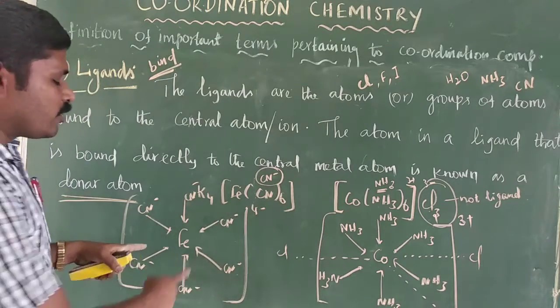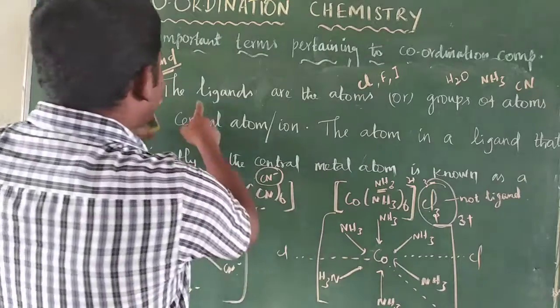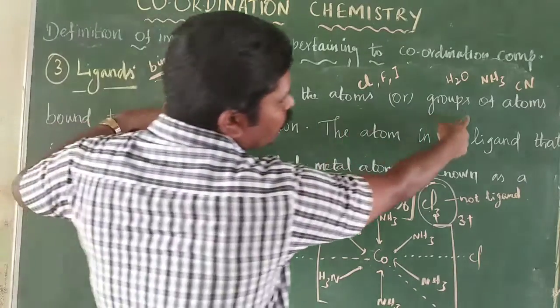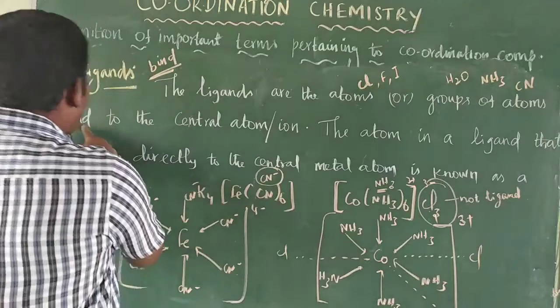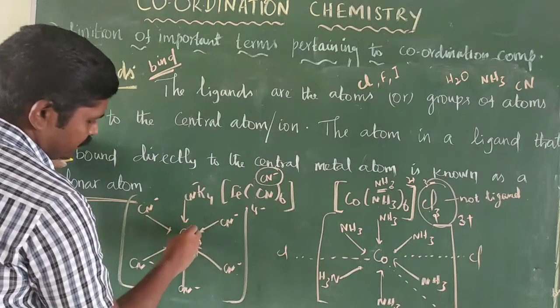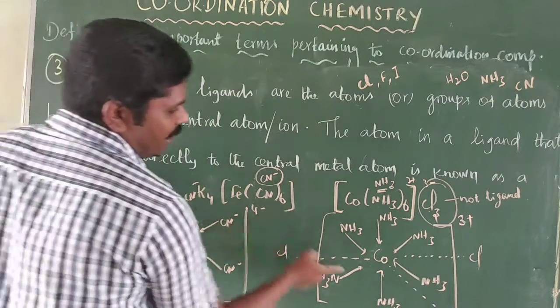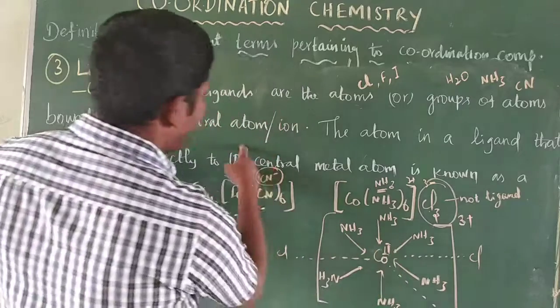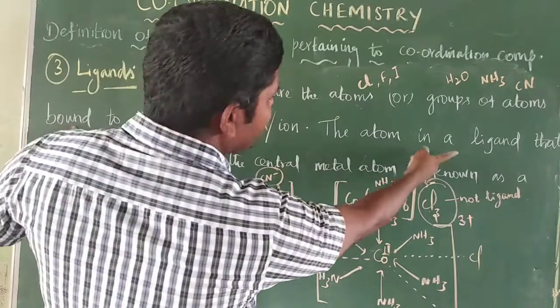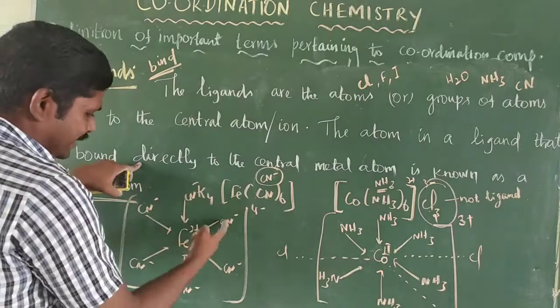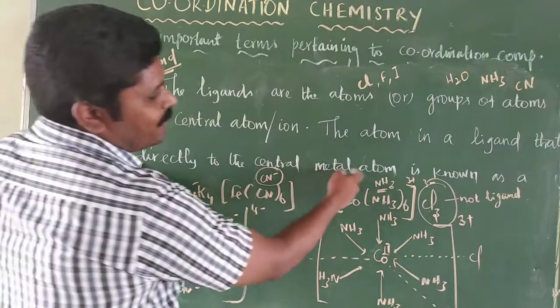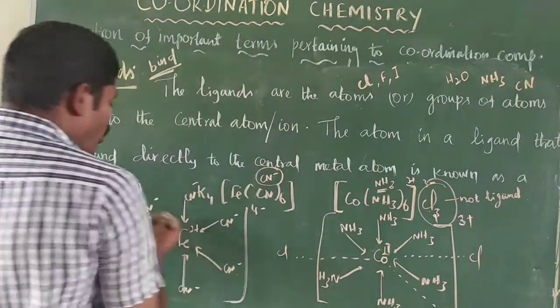Right? So, coordination entity. The ligands are the atoms or groups of atoms bound to the central atom or ions. The atom in a ligand that is bound directly to the central metal atom is known as a donor atom.